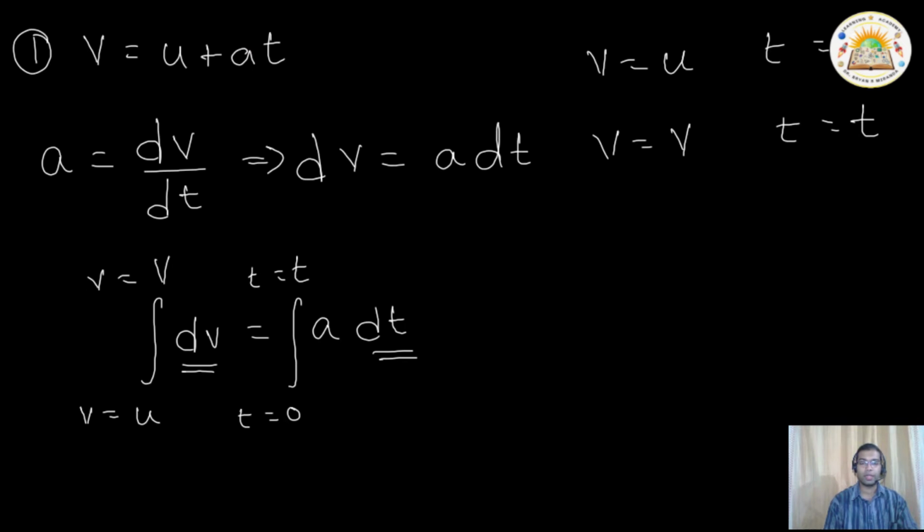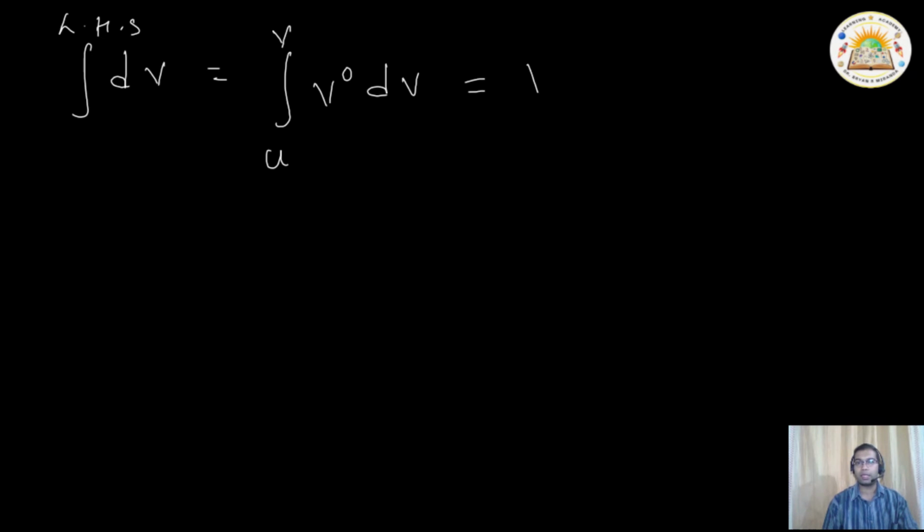Now let us go ahead and solve. If we see the first, let's say the LHS. Integral dv is nothing but integral v to the power 0 dv. So the limits are from u to v. Now according to the formula that is there, t power n dt was t to the power n plus 1 by n plus 1. So here I can write it as v to the power 0 plus 1 by 0 plus 1.